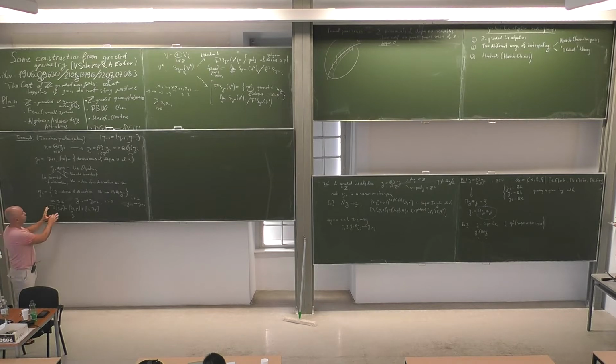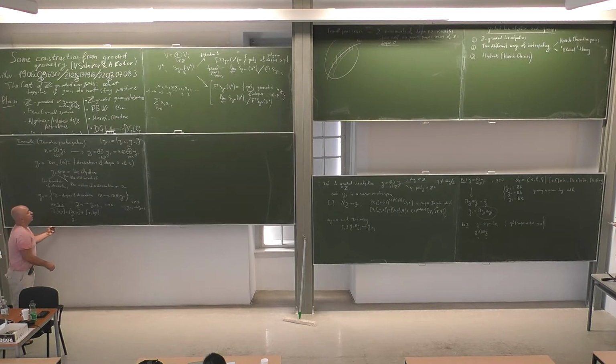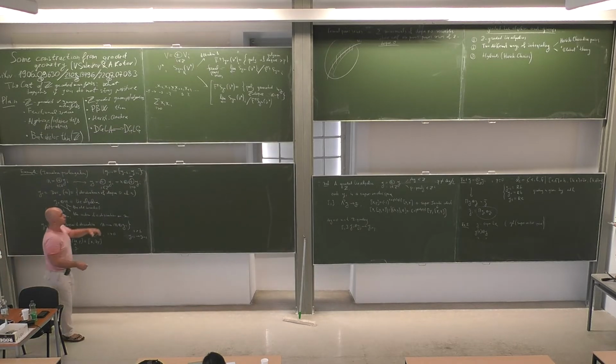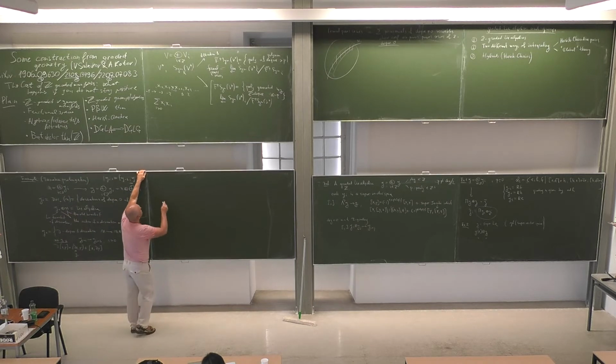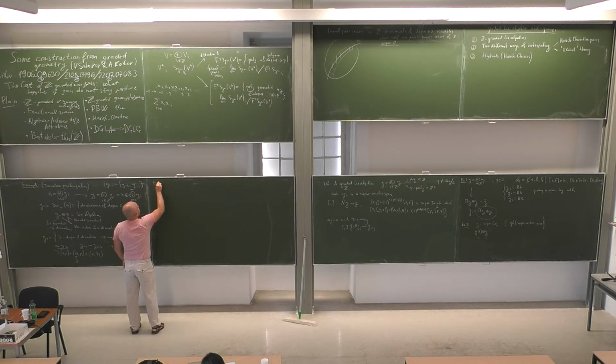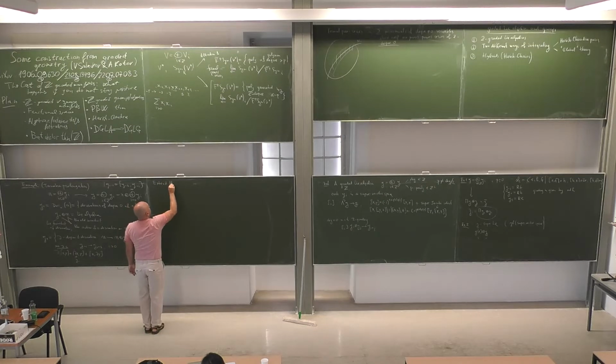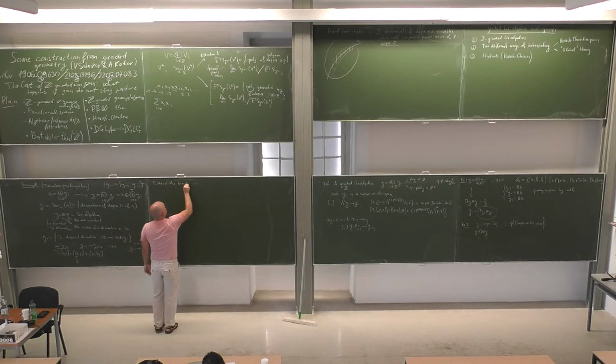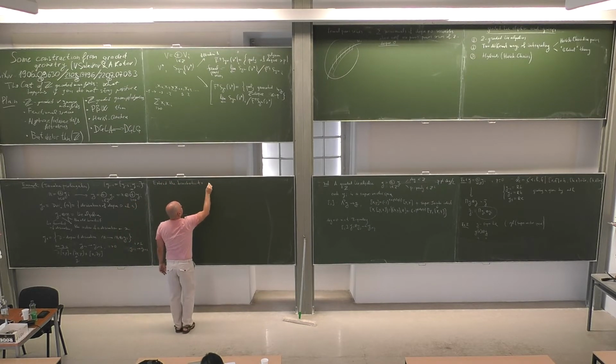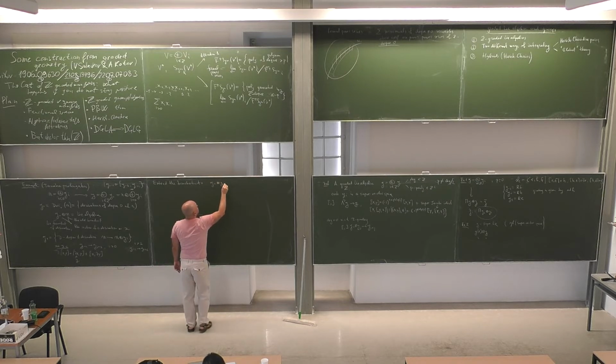So this property makes sense. Then we extend the bracket to the bracket from g0 tensor g1 to g0.